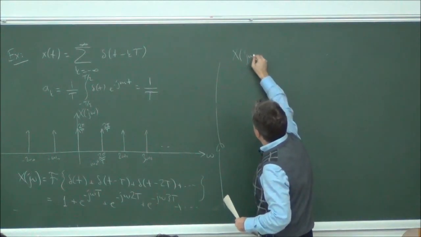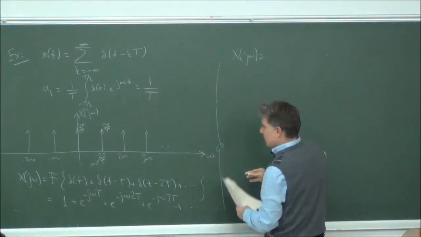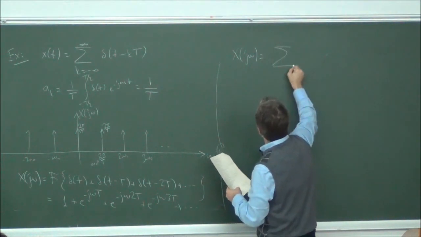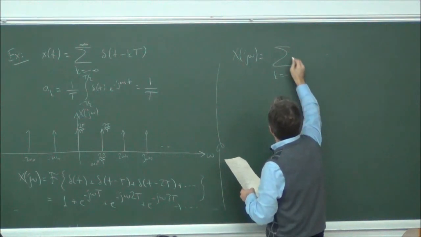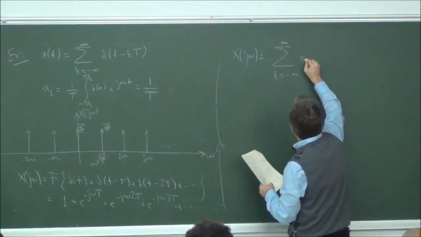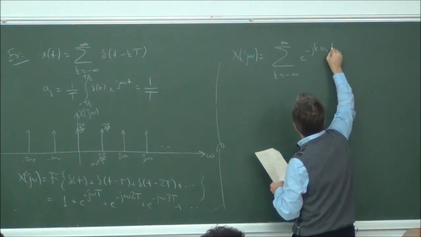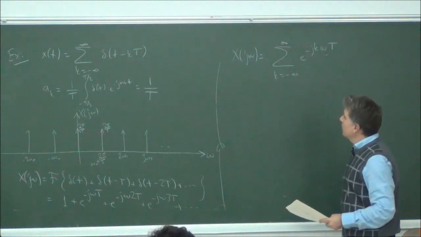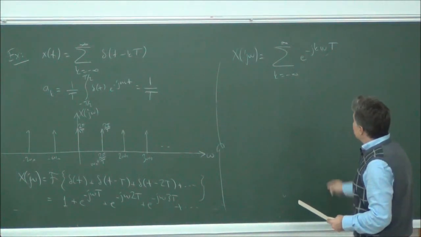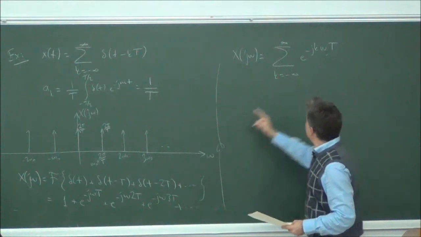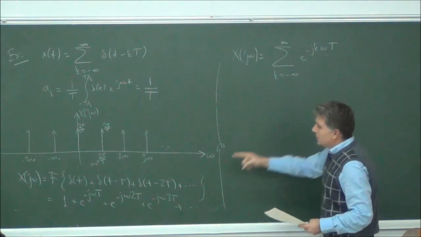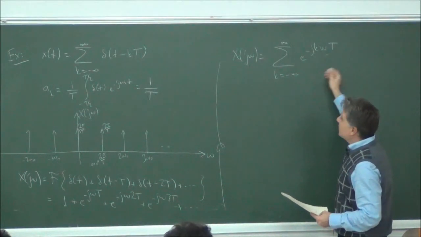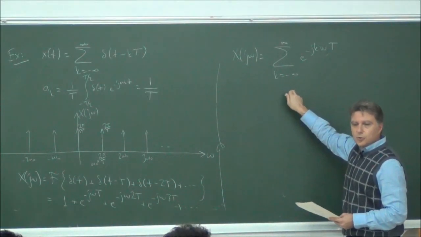So x of j omega is summation k from minus infinity to infinity e to the minus j k omega capital T. Sorry, not omega 0, omega capital T. Right? When k is equal to 0, it is 1. When k is equal to 1, it is e to the minus j omega T, etc. All this summation from k from minus infinity to infinity. This summation is the Fourier transform. Do we agree?